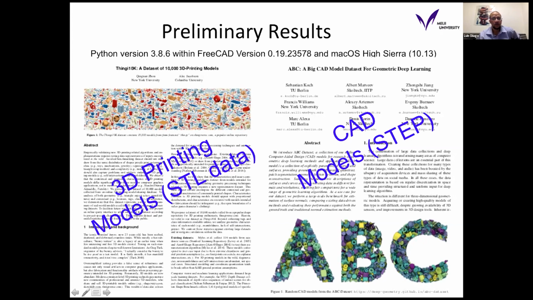They have more than 10,000 models which are optimized for 3D printing. They are mainly based on a surface mesh, but we converted this to solids by making it manifold and filling the space. And after that, we applied our algorithm.